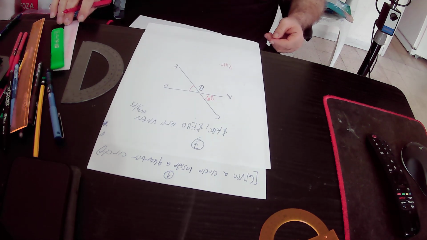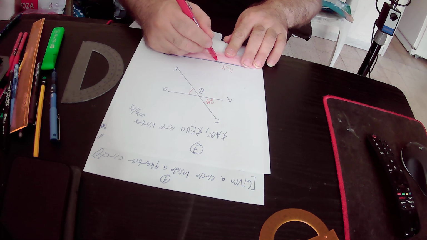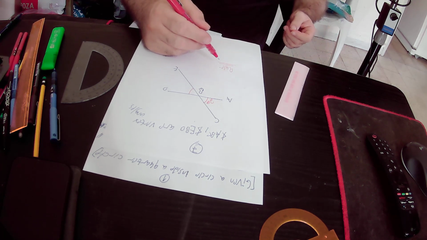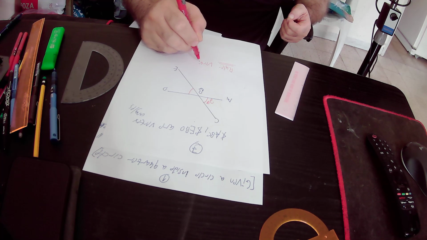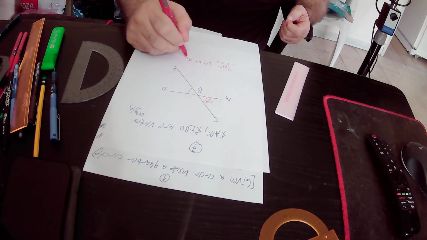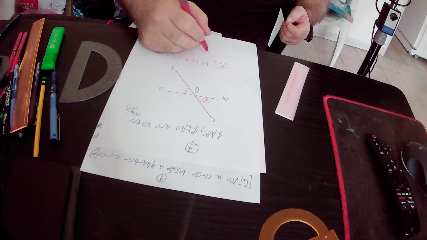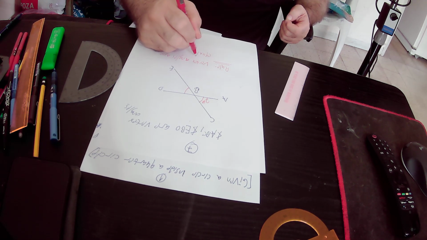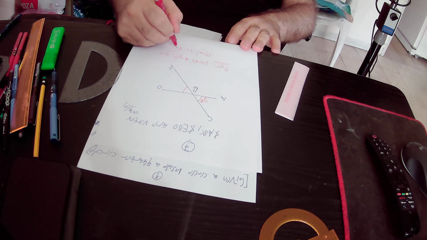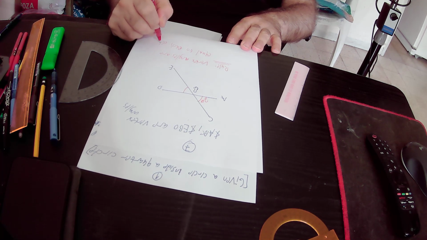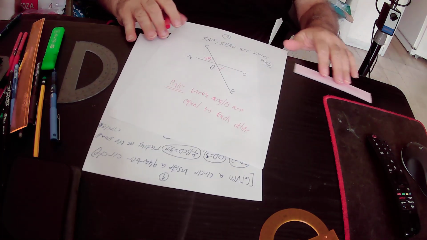Okay, so I will talk about the rule. The rule states that vertex angles are equal to each other.